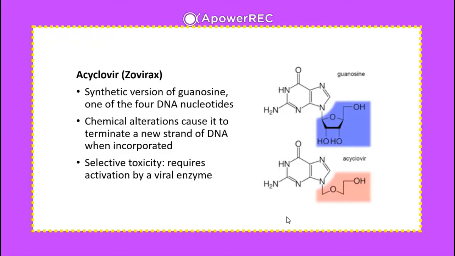Because of this, it can mimic guanosine, and this causes termination of new strands of DNA when it gets incorporated into DNA synthesis. This has selective toxicity because it requires activation by a viral enzyme. So no viral infection of the cell means no assimilation of the acyclovir.